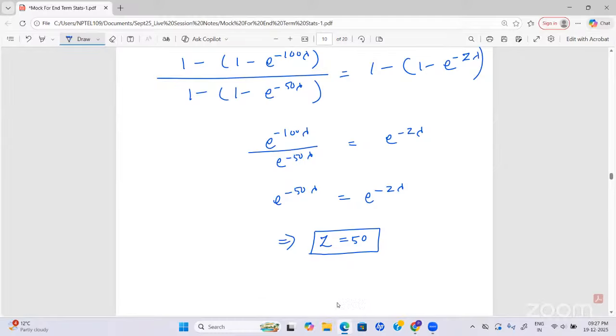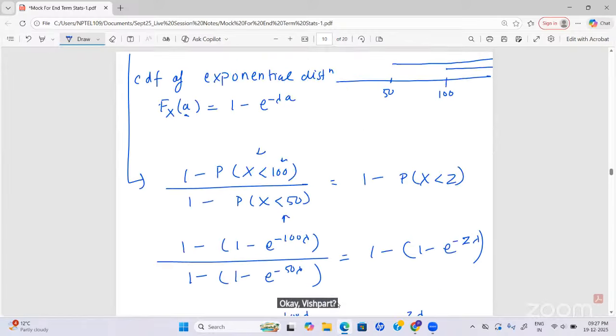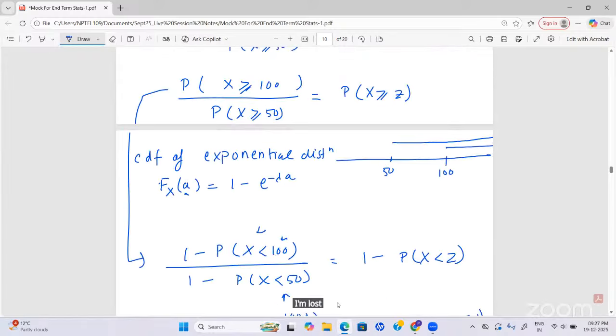Okay, which part? Ma'am, why did you not convert it into z value, x minus mu by sigma, when you used the CDF formula? We are not having a normal distribution here.